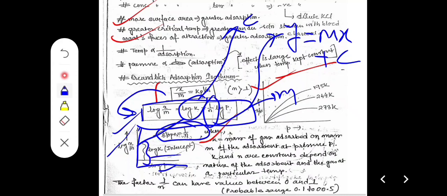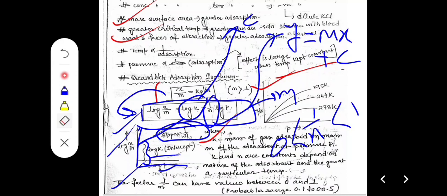The factor 1 by n has values between 0 and 1, with a probable range of 0.1 to 1.